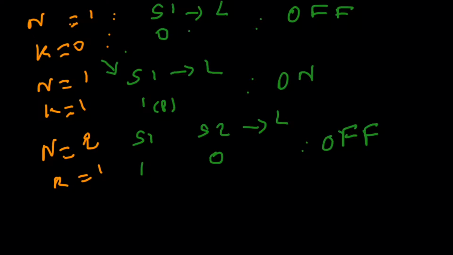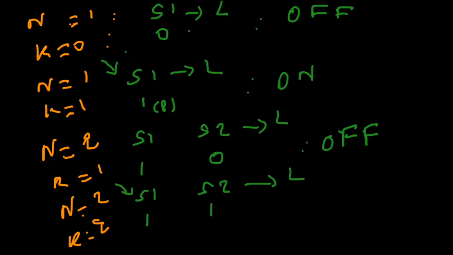The second step, let's say if n is equal to 2 and the user snaps 2 times. That means that S1 is 1. That's the first step. And then in the second step, this is powered by the socket, and this one becomes 1.